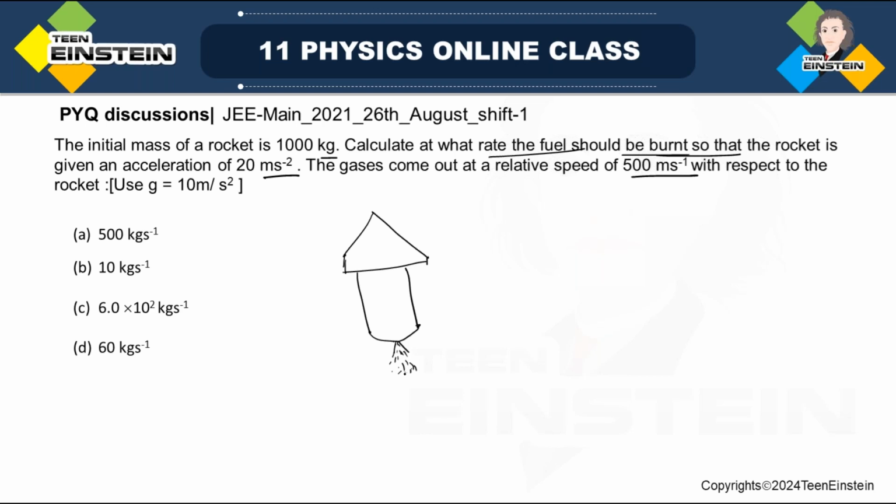See, there will be fuel over here. This is the narrow nozzle through which the gas produced after burning the fuel will come out. It gives a very high thrust to the atmosphere, and the atmosphere in turn will give up thrust.